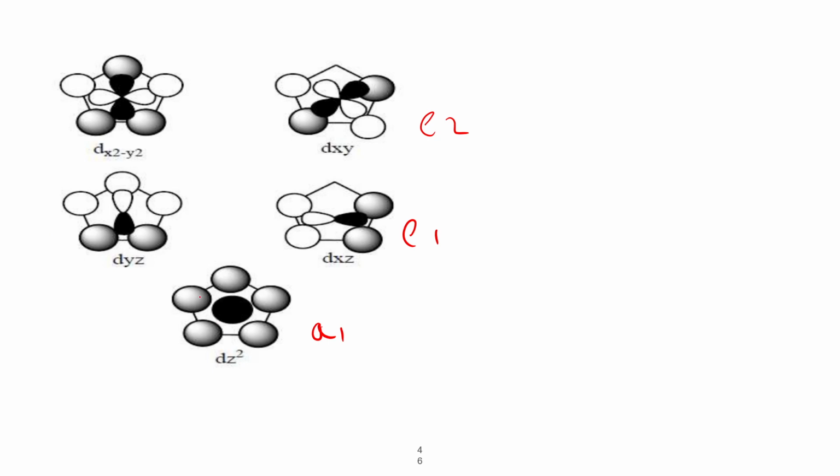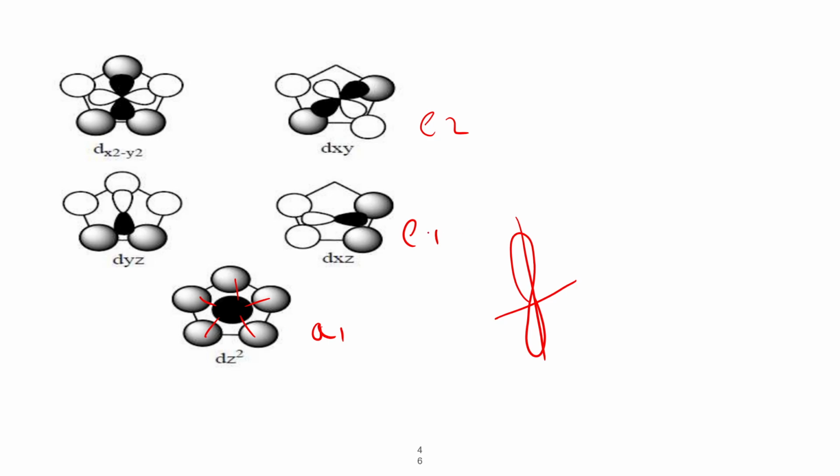For dz squared, you can expect this kind of symmetry matching because dz squared is aligned with the coordinate axis, and it can have this interaction with A1.